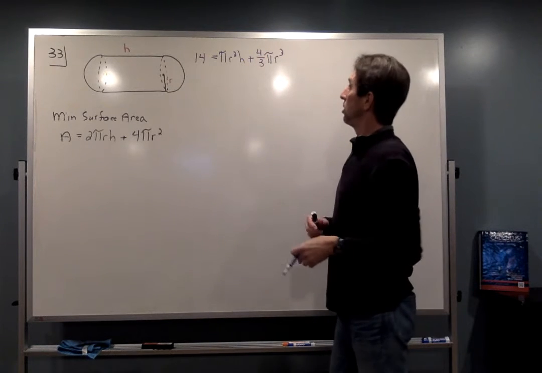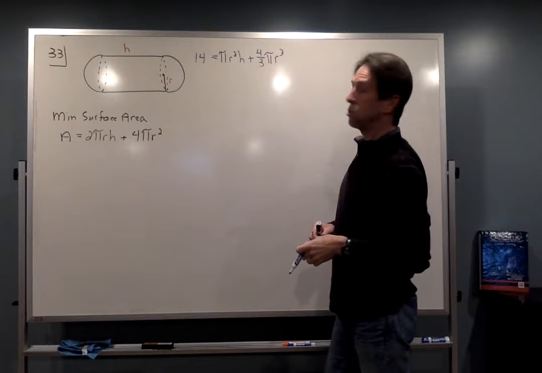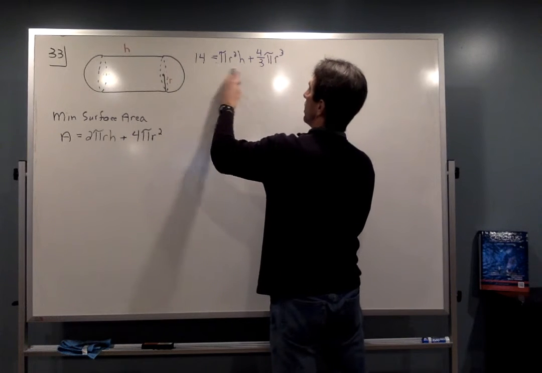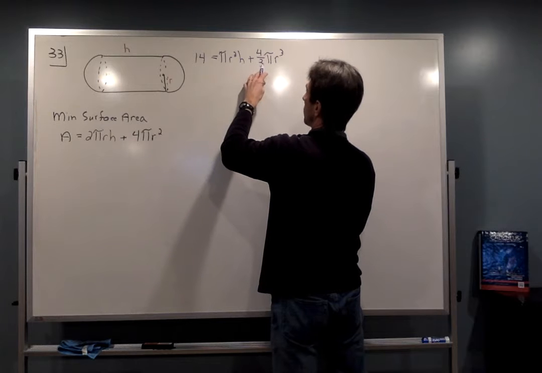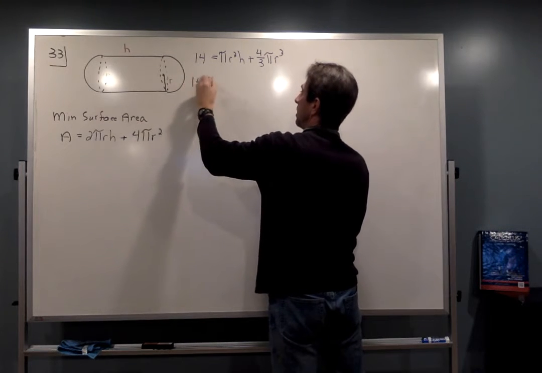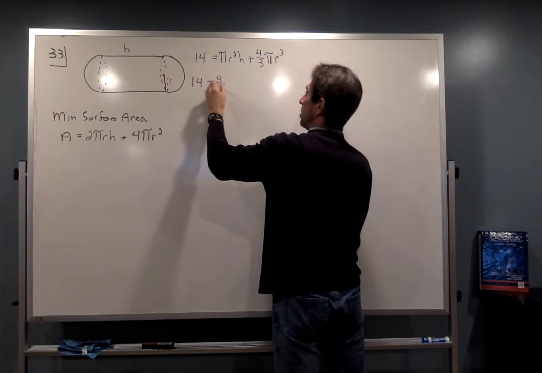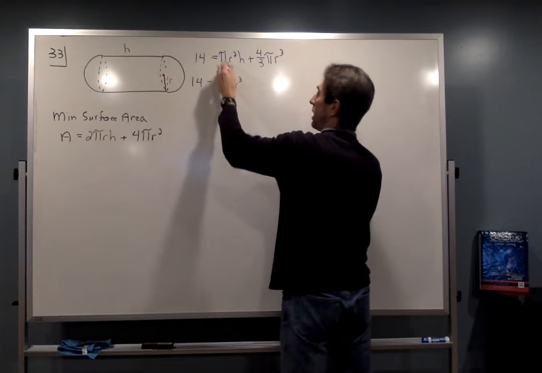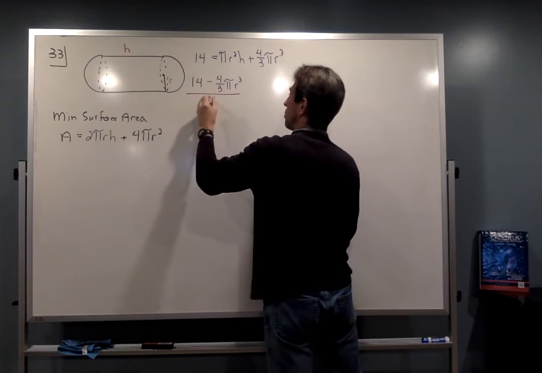So what we now need to do is take this expression and solve for h. And this is where, as I said, it gets complicated. But we solve for h. We know we can subtract 4/3 pi r cubed from both sides. So we got 14 minus 4/3 pi r cubed. Then I would have to divide by pi r squared.